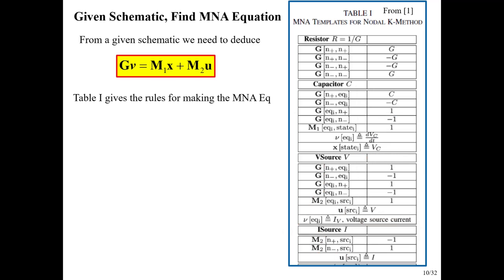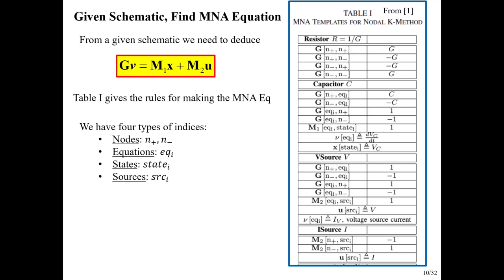So it tells us how to populate that. The challenge is, what are all these N plus and N minus and EQ i and state i and source i? These are indices, and so the challenge of doing this is to figure out how to set those properly.